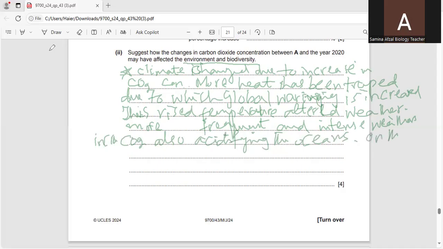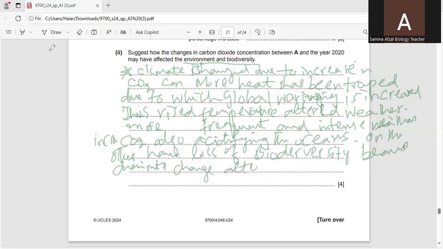On the other hand, there is loss of biodiversity because climate change alters habitats.